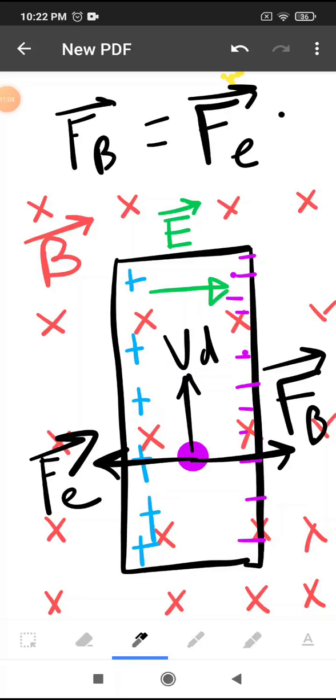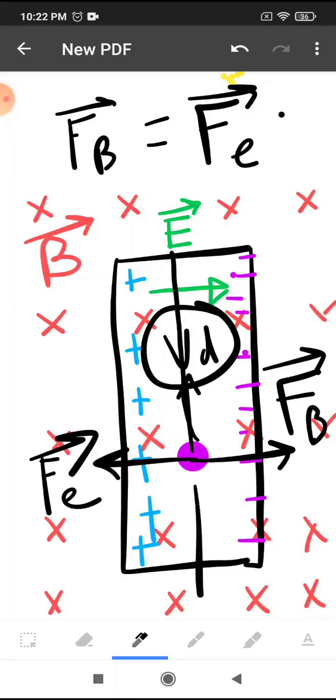What happens then? The electron will not move toward either edge of the conductor, rather it moves along a straight line with Vd as its uniform speed, and the current still flows like this.